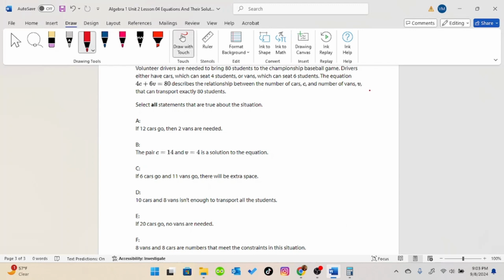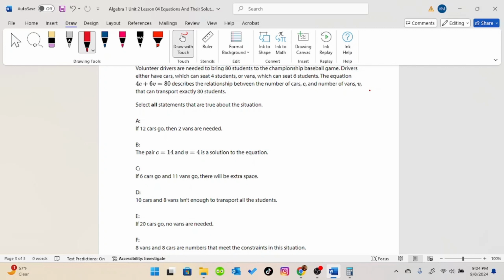In our next practice problem, volunteer drivers are needed to bring 80 students to the championship baseball game. Drivers either have cars, which can seat 4 students, or vans, which can seat 6 students.